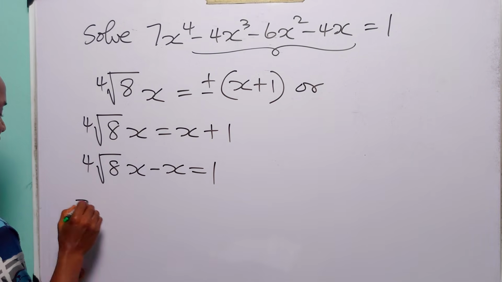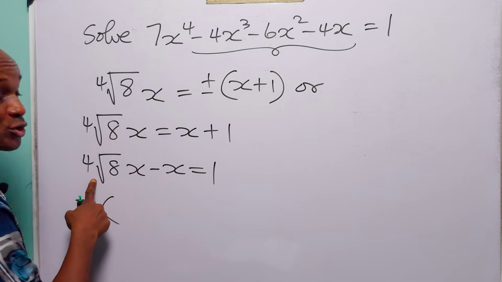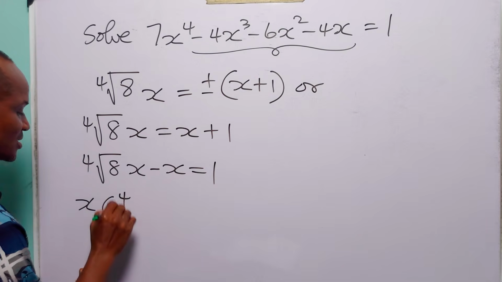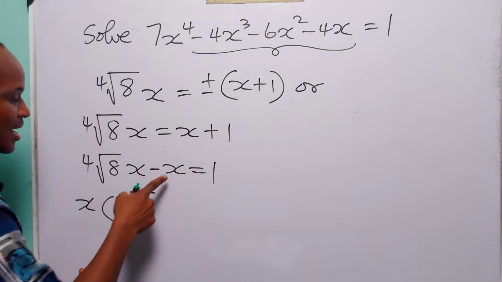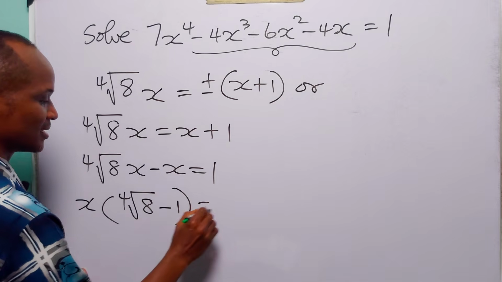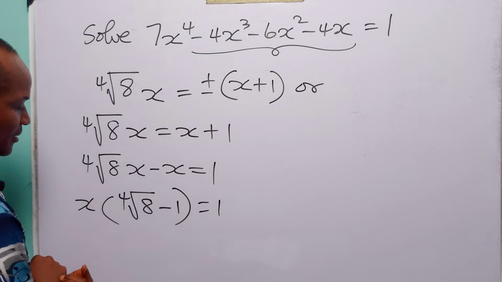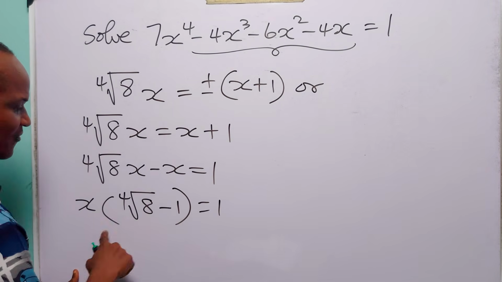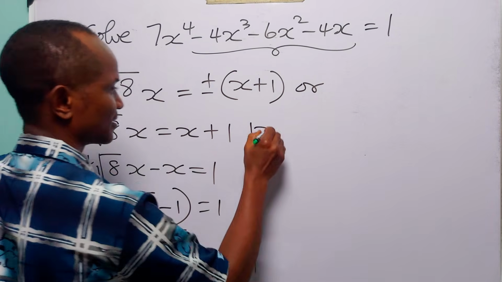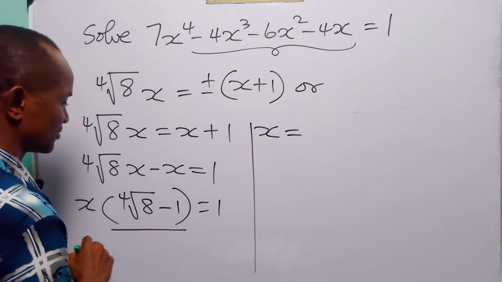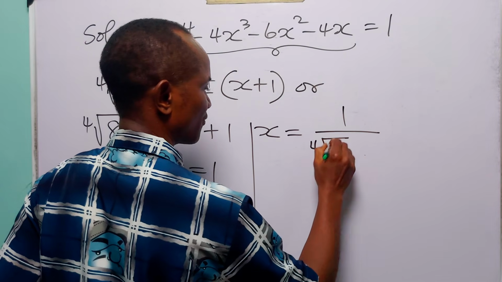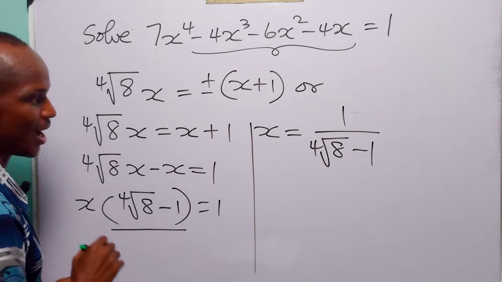When we do that, we have x into the fourth root of 8 times x divided by x is going to give us the fourth root of 8. Minus x divided by x is minus 1. This is equal to 1. Now, when we divide both sides of this equation by this quantity, then we have that x is equal to 1 over the fourth root of 8 minus 1.